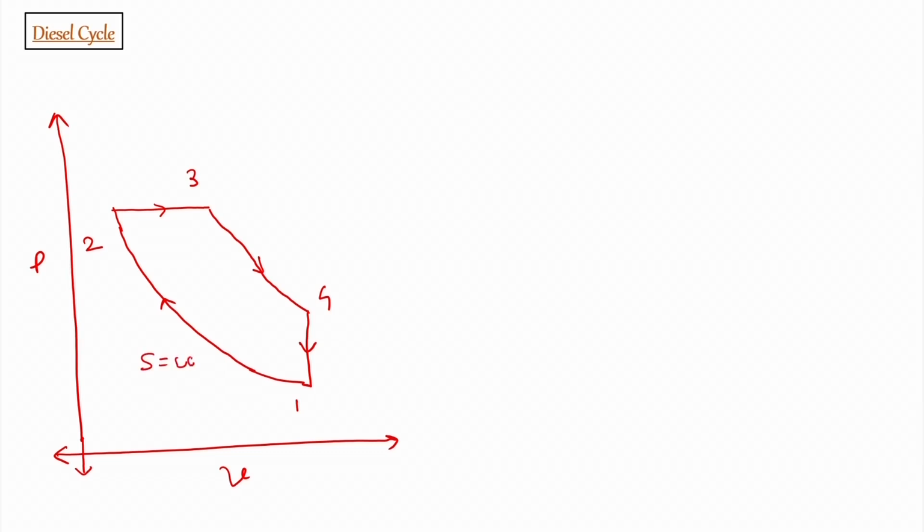So this is entropy constant, this is pressure constant heat addition, this is entropy constant expansion, and this is volume constant heat rejection. So this is the diesel cycle.